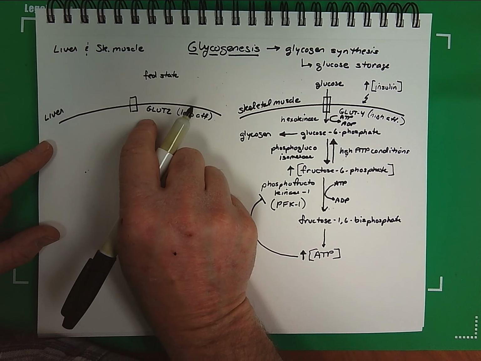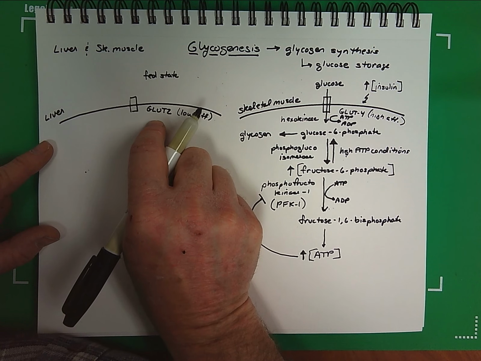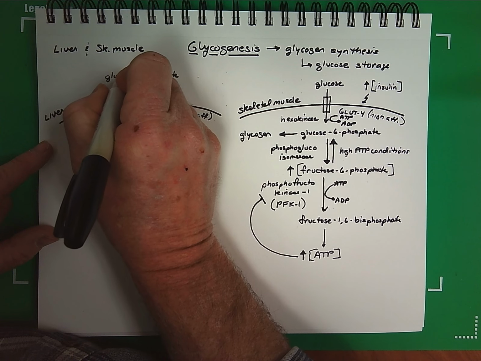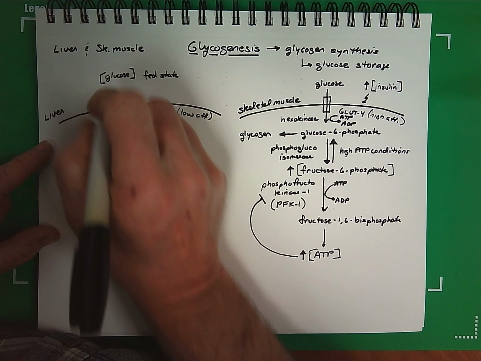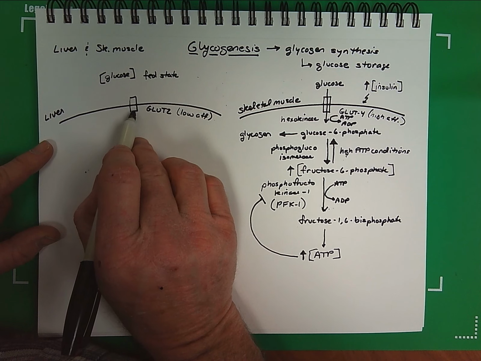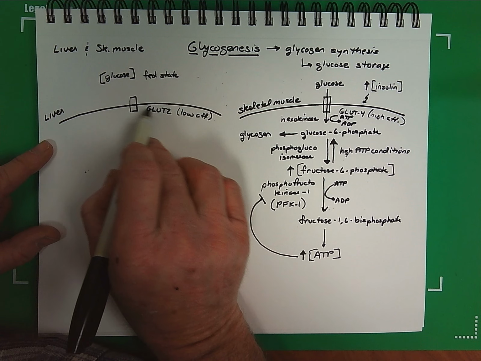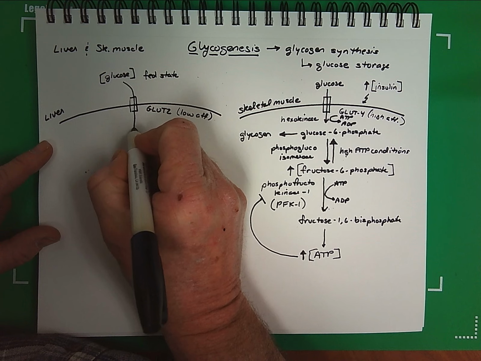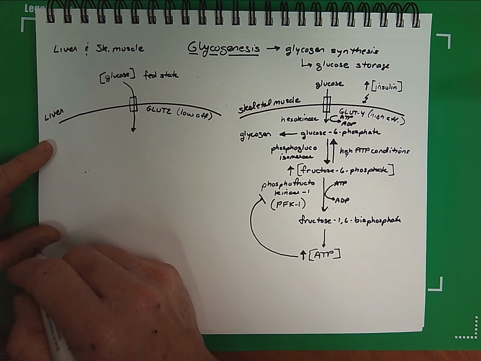This is not responsive to insulin. It doesn't have to be, because what we are looking for is a high level of glucose concentration in the blood due to being in a fed state. And now we've surpassed the Km of the GLUT2 transporter, and so under these conditions, glucose is taken inside the liver cell.